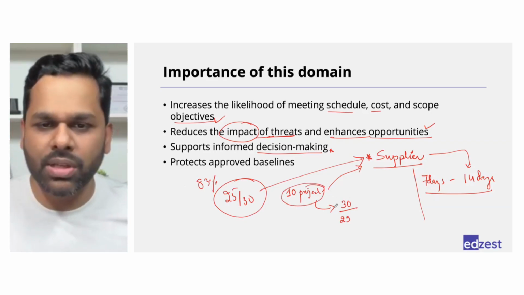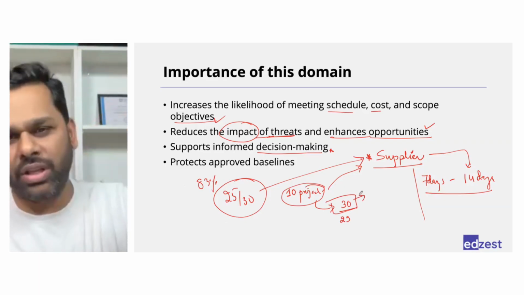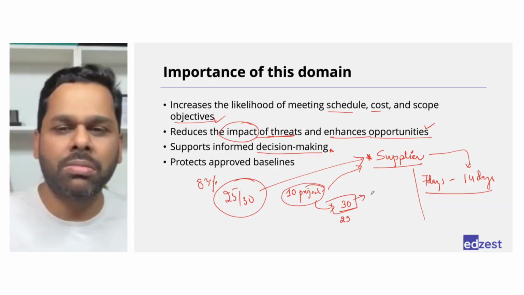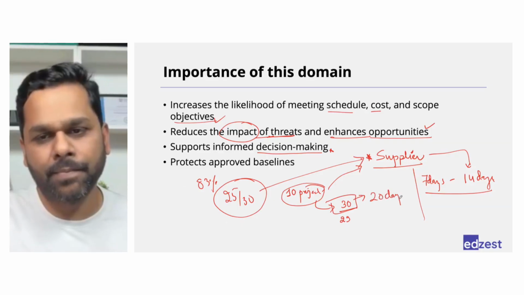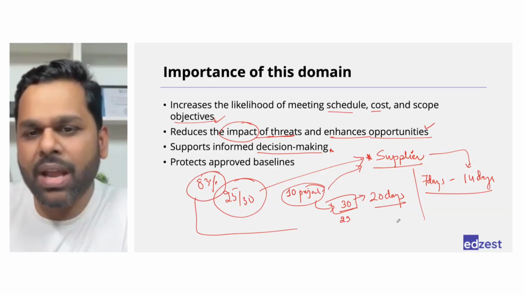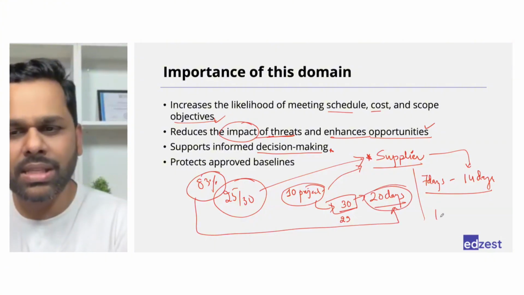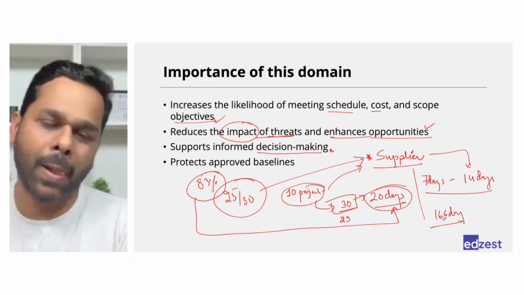Similarly, of these 30 times, when they delayed, what was the delay like on an average? Let us say on an average it was 20 days. Right? So there's an 83% chance that the supplier will delay the material by 20 days. 83% into 20 is 16.6 days.